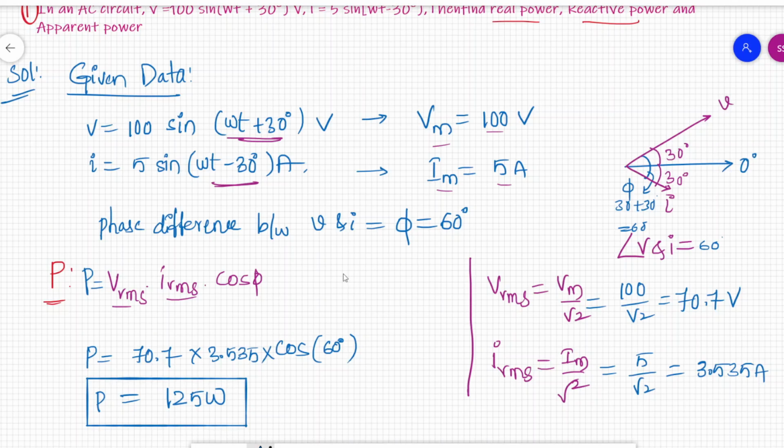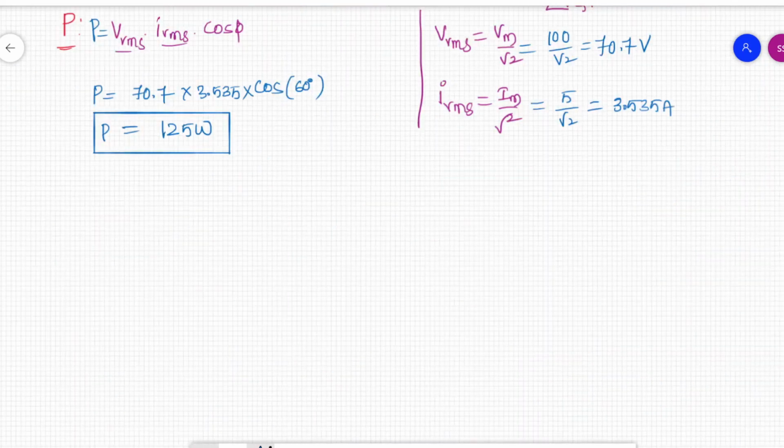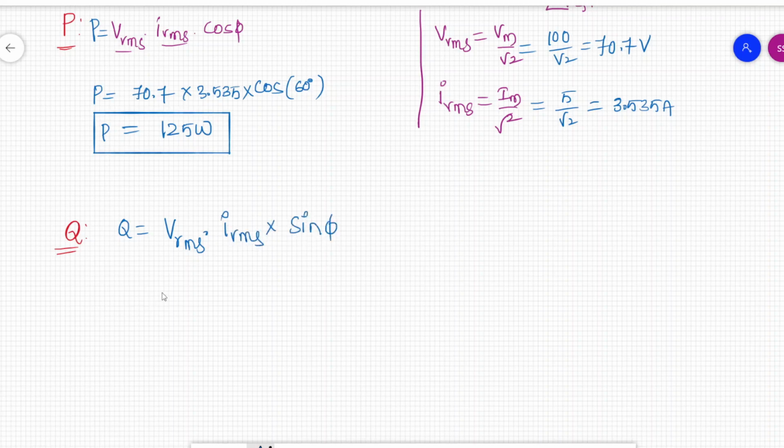Now let us find the reactive power, that is Q. Q equals Vrms into Irms into sin phi. So Vrms is 70.7, Irms is 3.535, and the sine of the angle between voltage and current, 60 degrees.